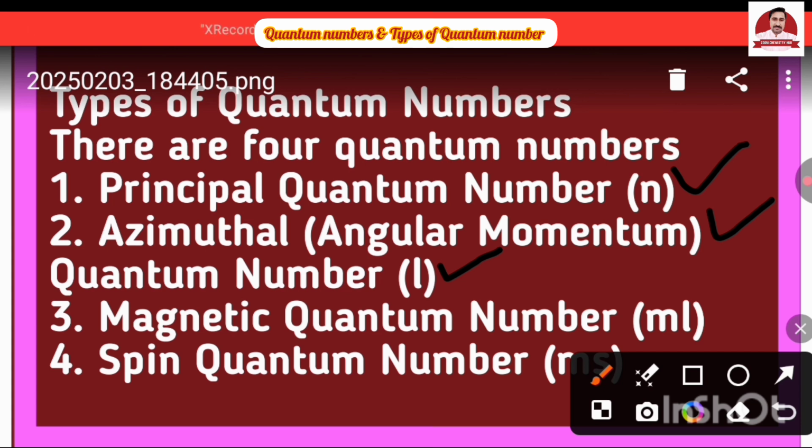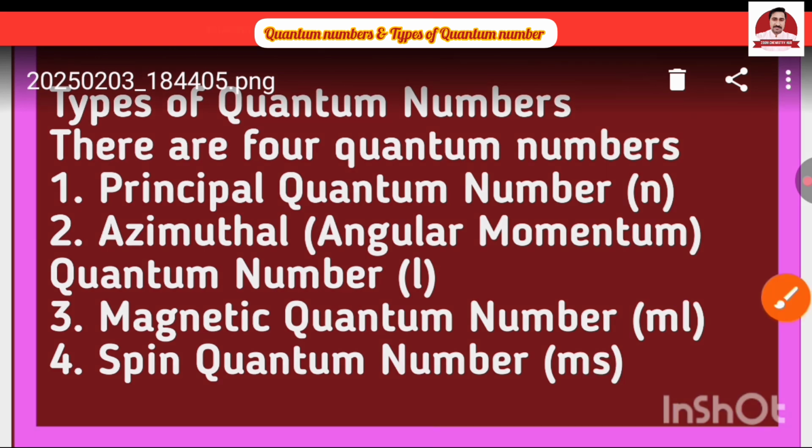Third, magnetic quantum number, represented by small ml, and the last, spin quantum number, represented by ms. Now we will discuss all these one by one.